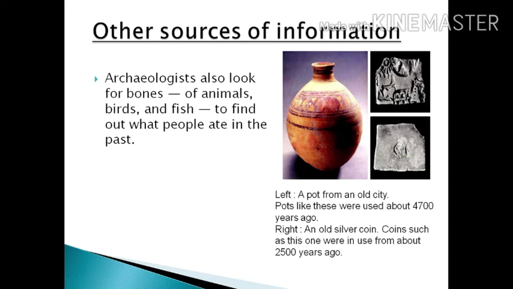This way, archaeologists and historians collect the proofs related to our history based on the information gathered by these different things. So, this is the major thing which was related to your chapter number 1.